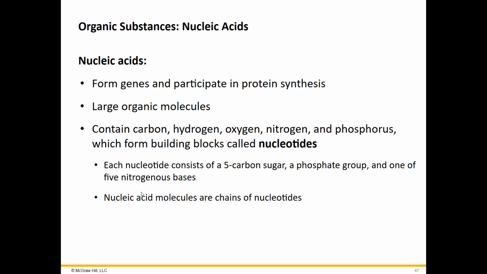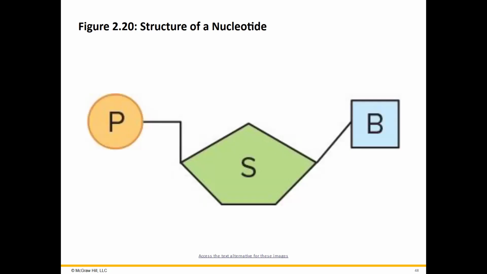A nucleic acid molecule is just long chains of nucleotides. Again, nucleic acid, nucleotides, just know that they go together. Nucleic acids are made up of long chains of nucleotides. Nucleotides have a sugar, a phosphate, and a nitrogenous base. There it is. There's a nucleotide: a sugar, phosphate, nitrogenous base.